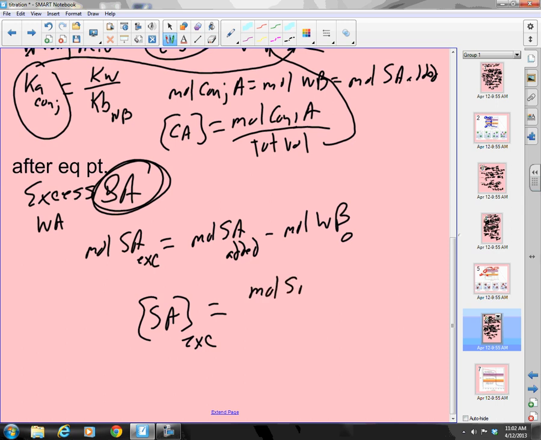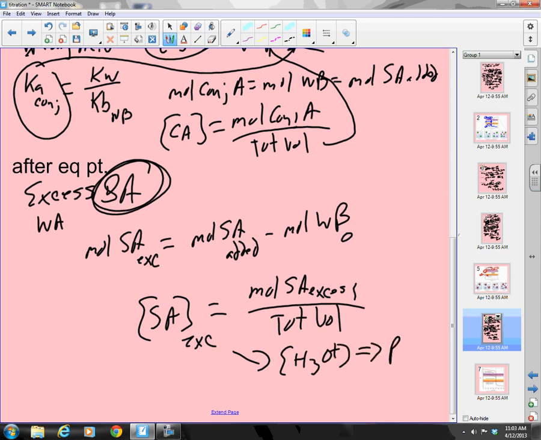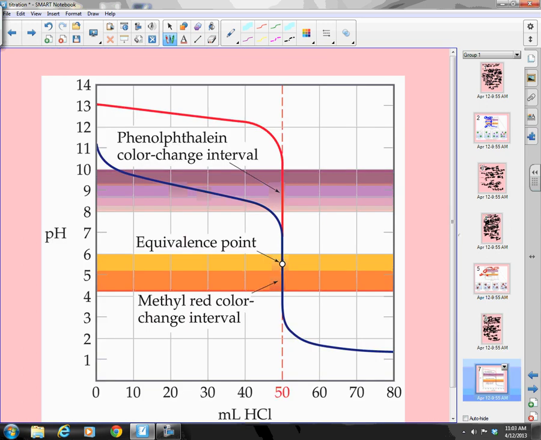Moles of my strong acid excess over my total volume. Good. And from that, this will give me my concentration of hydronium, and from my concentration of hydronium, I can get my pH. And this is what that chart looks like.